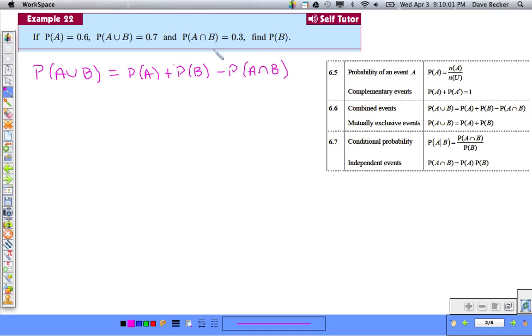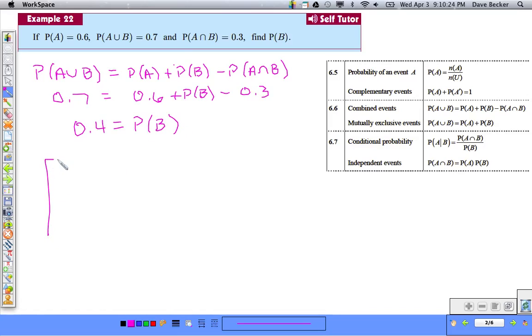So A union B is 0.7. Probability of A is 0.6. We're looking for probability of B minus probability of A intersect B, 0.3. Combine all these and solve. We get the probability of B equal to 0.4.